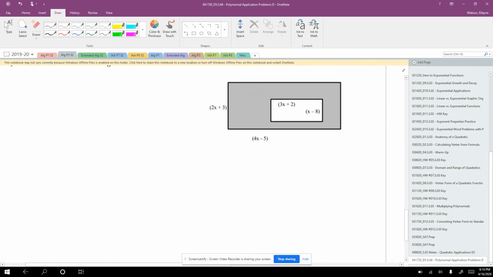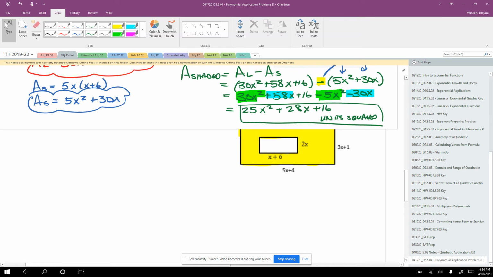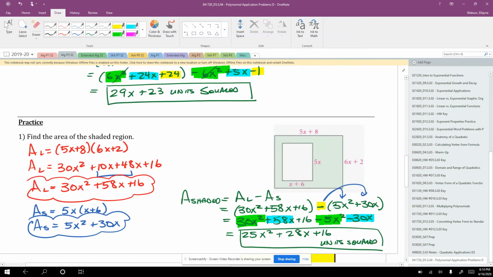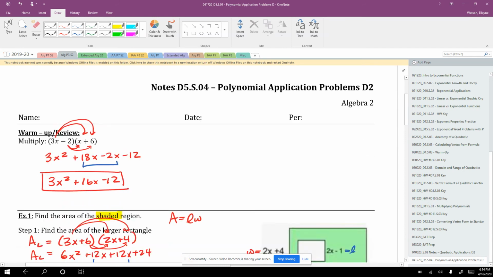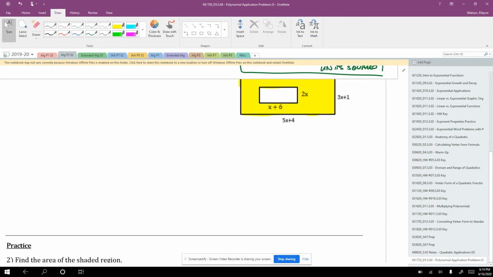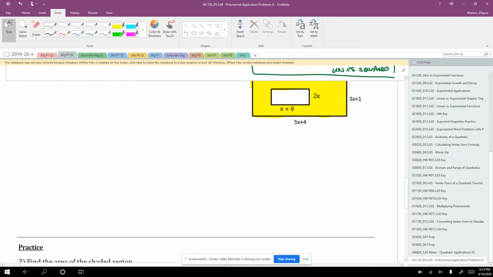Something happened here with my pages, but we can still do this. Somehow they got overlapped. But all we're doing here is, again, finding the area of the shaded region. So I'll do another one for you, and then I'll ask you to do the last one on your own. So area of the large, 5x plus 4 times 3x plus 1.